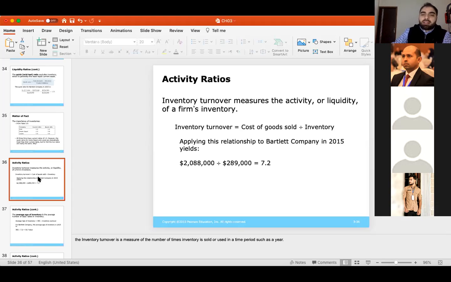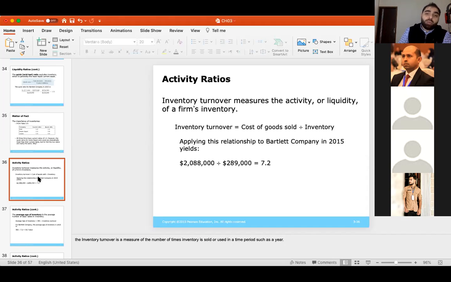is it good or bad? Again, we have to compare this number with different numbers. Maybe the inventory turnover for Bartel company, the same company, over the last years, or we can compare this number with other companies, but make sure that these companies are operating in the same industry.